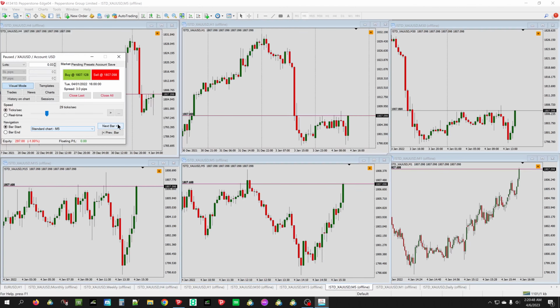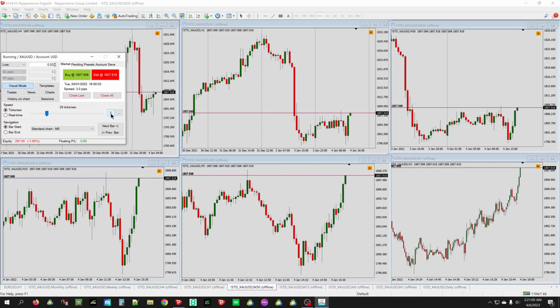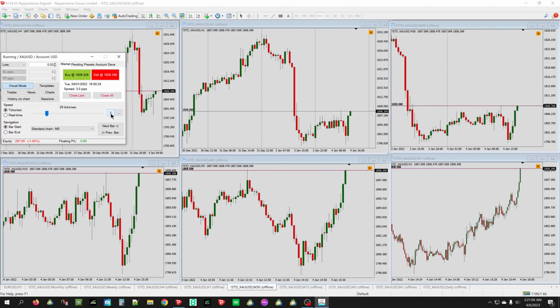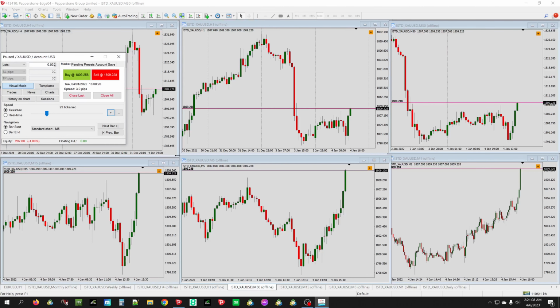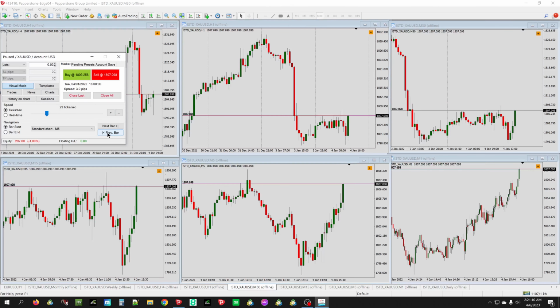Yeah, so that buy trade essentially worked out. H4 candle closed above this area. Now there is very high probability that if we break above 1807 area, we can continue pushing up. But for that, I need some solid confirmation based on M1 time frame. Based on M1 time frame, I can see there is volume.